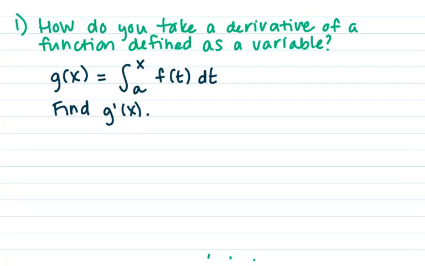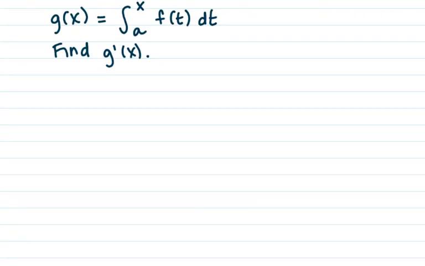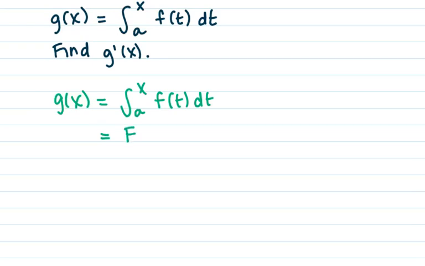So let's think to ourselves what g of x really is here. So we're remembering our definition of an integral. So we know that g of x is this integral from a to x, f of t dt, which means it is the antiderivative of f, so our notation would tell us capital F of t evaluated from a to x.